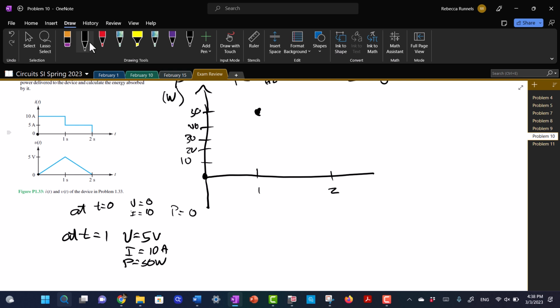Okay, so the line times a constant is just a steeper line, so I know that's still just going to be a line. Now, the same is going to be true on this other side. I just need to get 2 points because it's still just going to be a line. So at the other side of t equals 1, this was t equals 1 minus, at t equals 1 plus, V equals 5 volts, and I equals 5 amps, and so our power equals 25 watts.